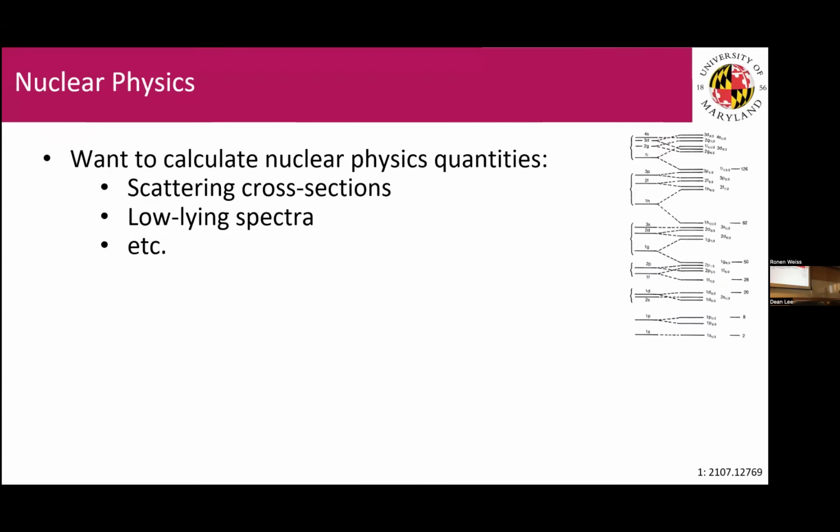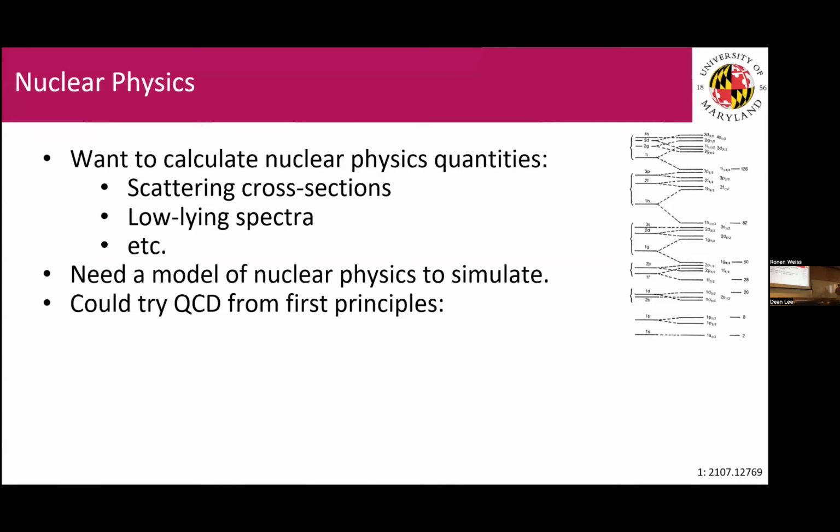I'm told by eminent and smart people in the audience that some of the things we want to calculate in nuclear physics involve scattering cross sections, low-lying spectra of nuclei, and lots of other interesting things like this. If I want to perform one of these calculations, I want to put it into my quantum computer, and we need a model of physics to simulate. I put a Hamiltonian or a Lagrangian into my computer, do some Monte Carlo, I get some numbers out, and these tell me things about my spectrum.